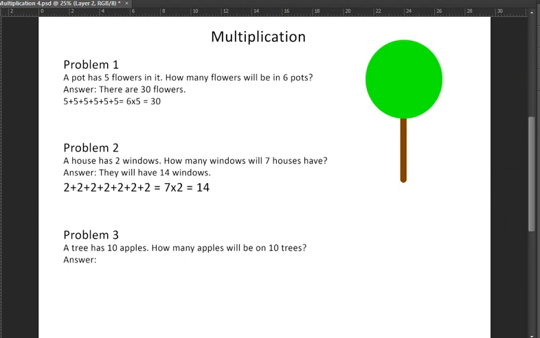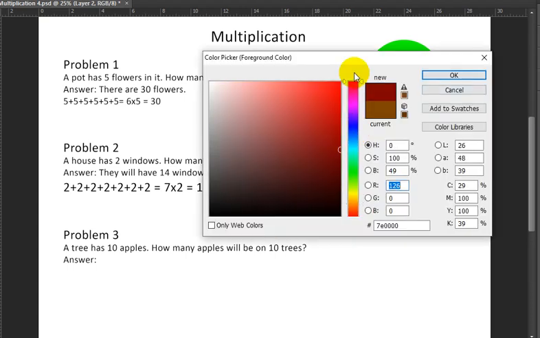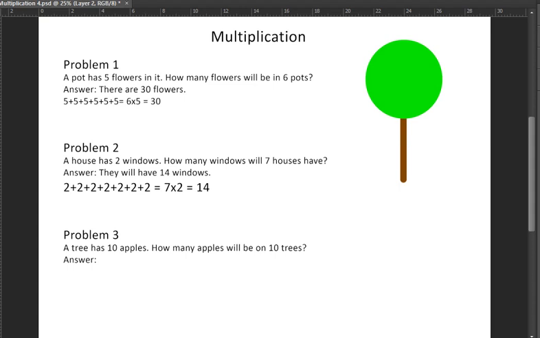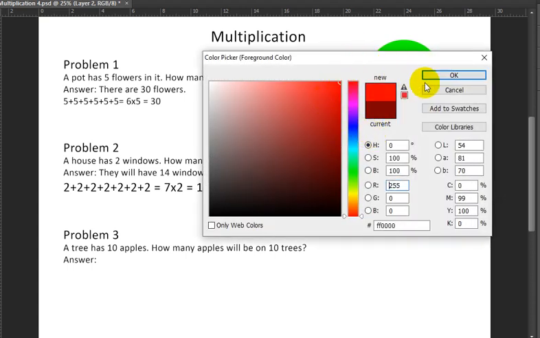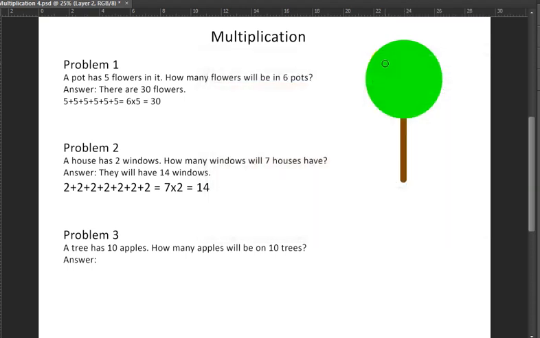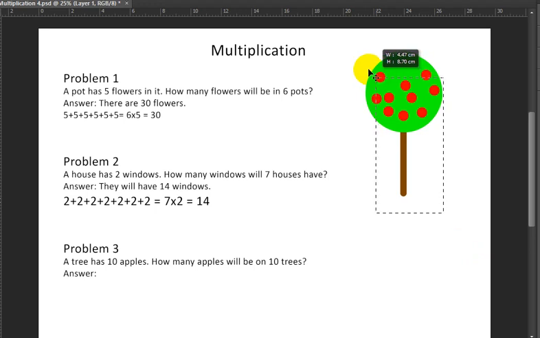Okay, so there we have a tree, and we said that each tree has how many? 10 apples, right? So let's make 10 apples on this tree. 1, 2, 3, 4, 5, 6, 7, 8, 9, 10. 10 apples on this tree.